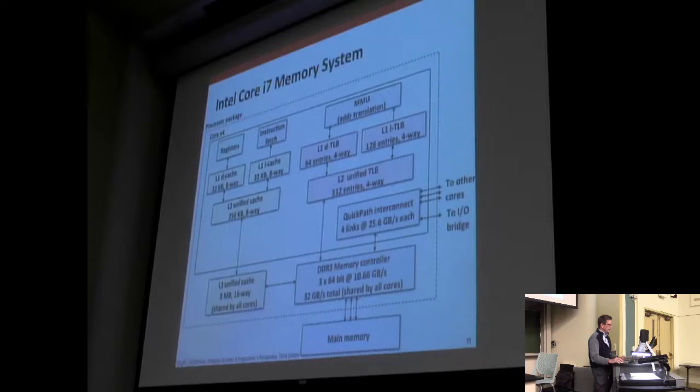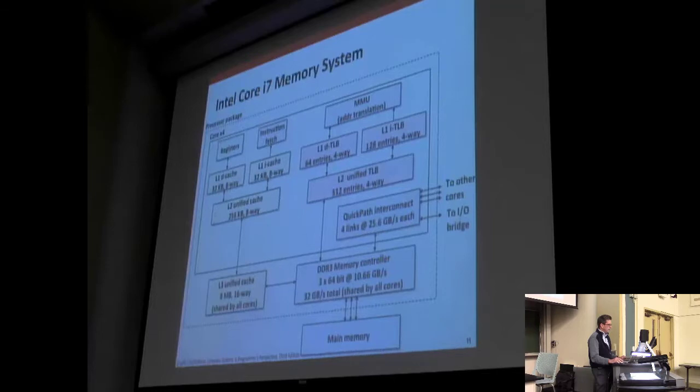The D cache has data only, the I cache has instructions only. They're each 32K bytes, 8-way set associative. So they're very small, but they have fairly high associativity.